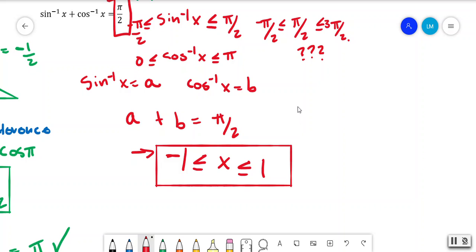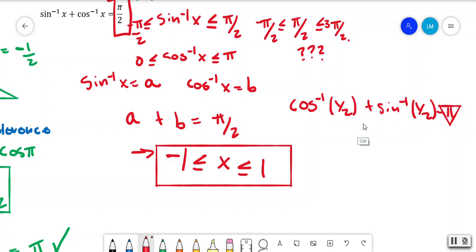You can try any value, and it's actually kind of interesting because if you try cosine inverse of 1/2 plus sine inverse of 1/2 equals pi over 2, I know that that's going to be pi over 3 plus pi over 6 equals pi over 2.